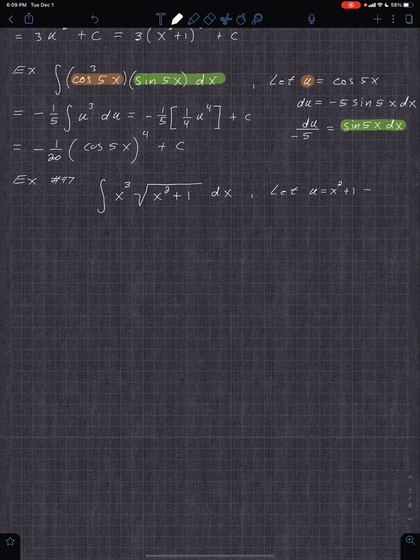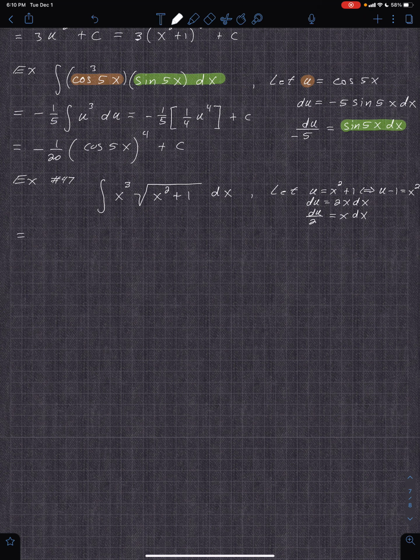So then you get that u minus 1 is x squared. So du is equal to 2x dx, or du over 2 is equal to x dx. And so I can then take the x cubed and break it up.